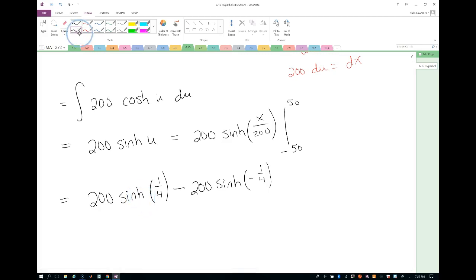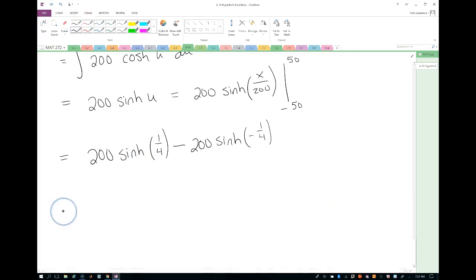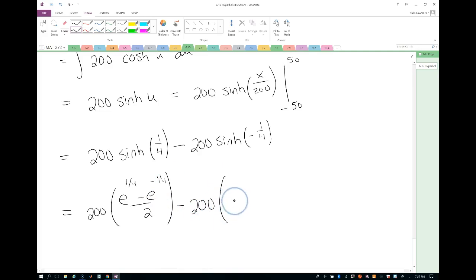So if you really wanted to do this by hand as much as possible, we would write this as 200 times e to the 1/4 minus e to the negative 1/4, all over 2, minus 200 times e to the negative 1/4 minus e to the positive 1/4, because when we negate that, it's back to positive, all over 2.